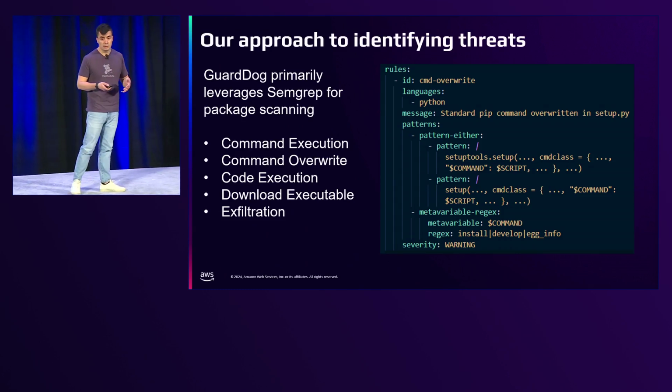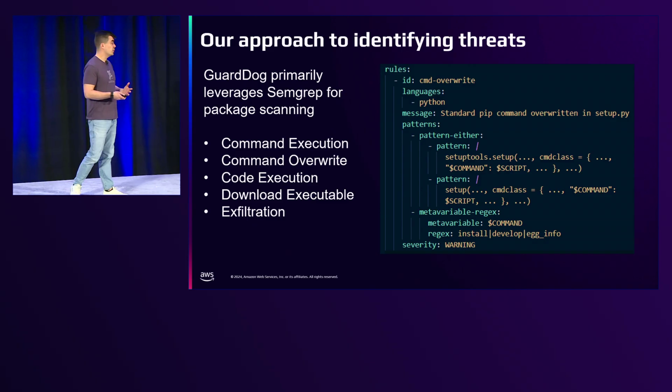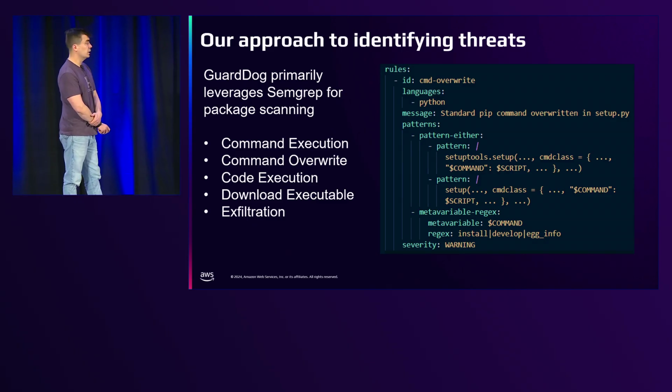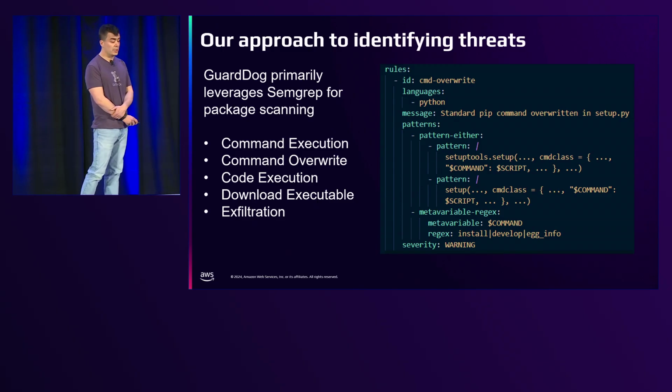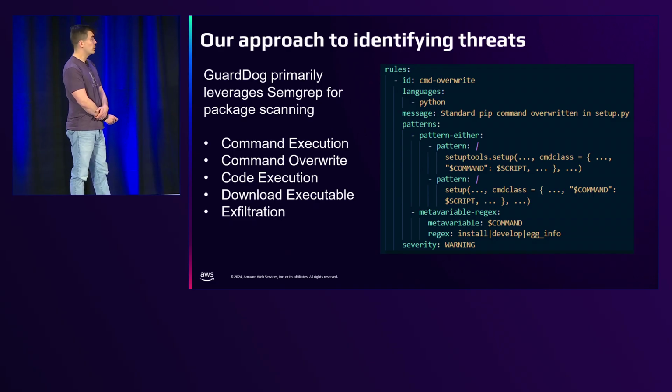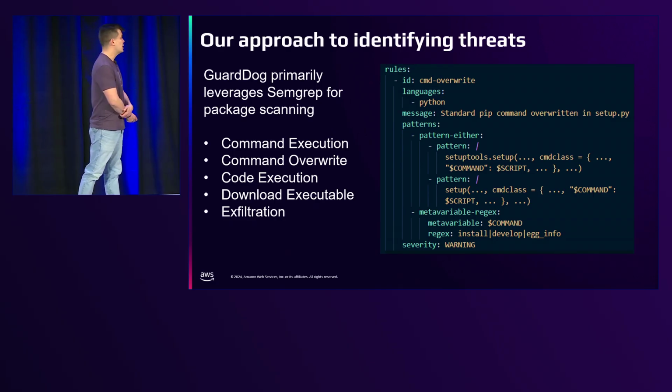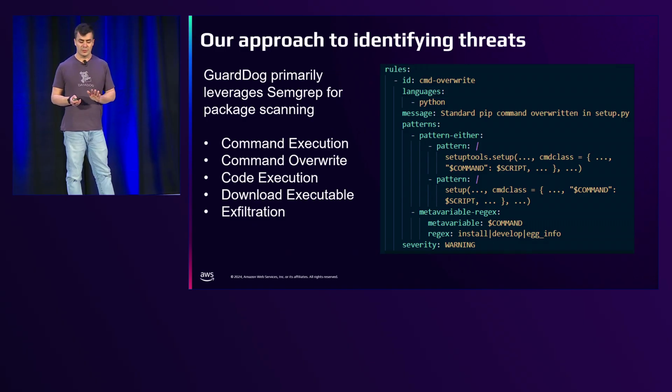It was in Python, it was in NPM. And so we thought, hey, can we challenge this assumption and leverage these static code analysis tools to go and find malicious patterns inside these packages itself? And it turned out it was a really good way for us to do that. And we can find all kinds of different heuristics, such as malicious command execution or overwrites, code execution. I promise I'm going to go over all of these with examples.